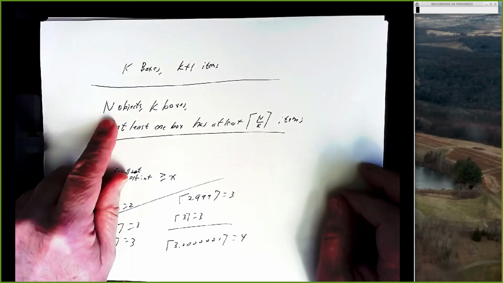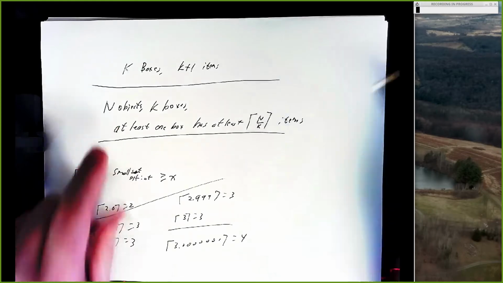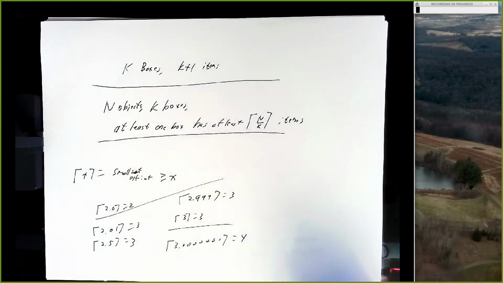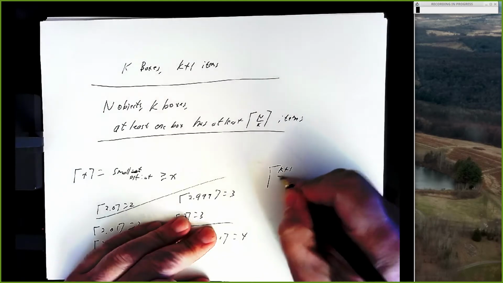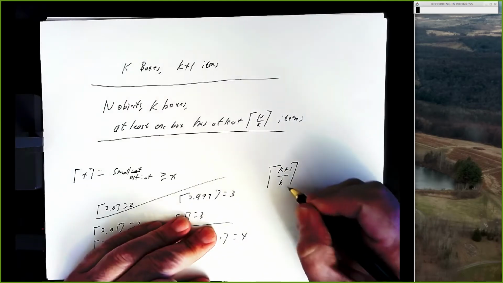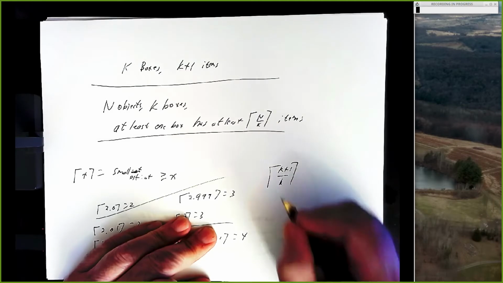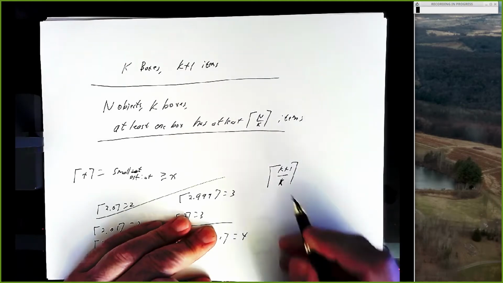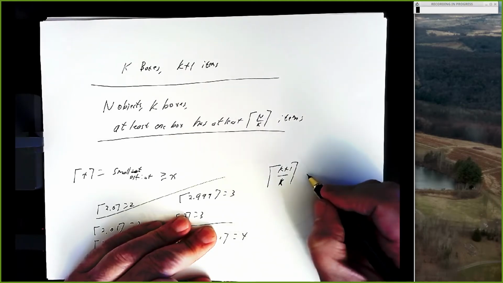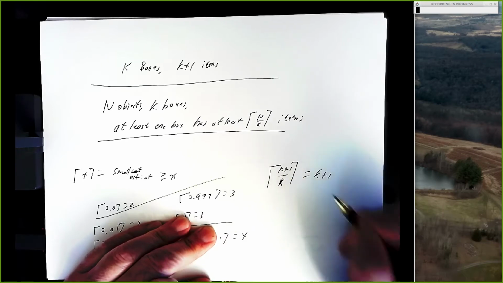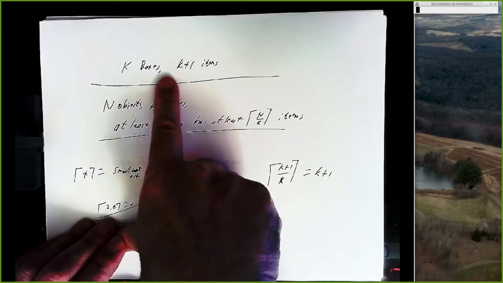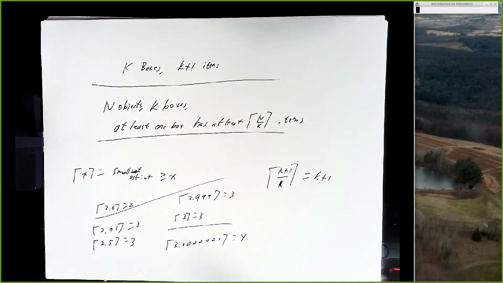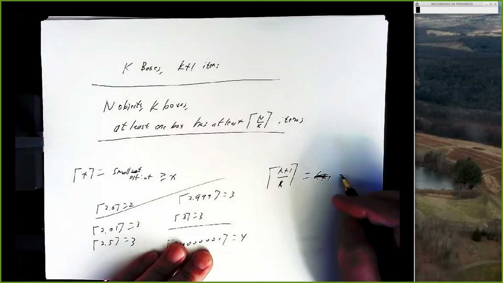So if our number of objects is k plus 1, the generalized pigeonhole principle tells us that at least one box contains at least this many items. And if k is a positive integer, the ceiling of k plus 1 over k is always going to be 2.